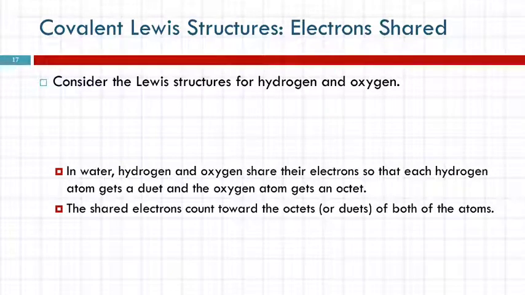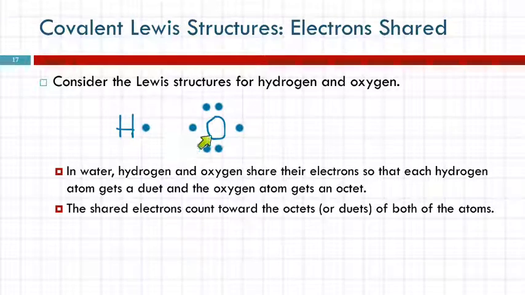So let's look at hydrogen and oxygen Lewis structures. So here's hydrogen. How many valence electrons does hydrogen have? 1. And oxygen, how many valence electrons? 6. So I'm going to stick them in like this because it's going to be convenient for what I'm planning to do.